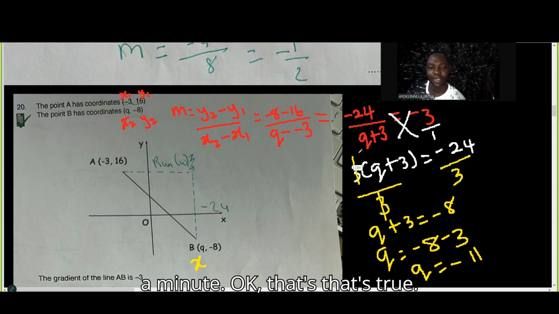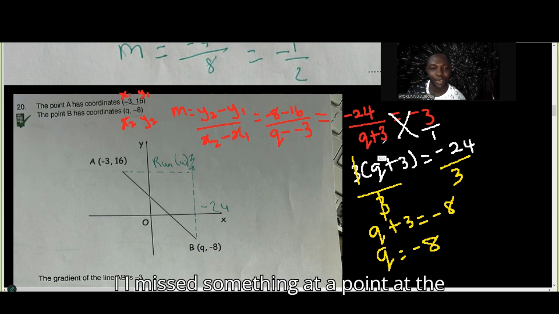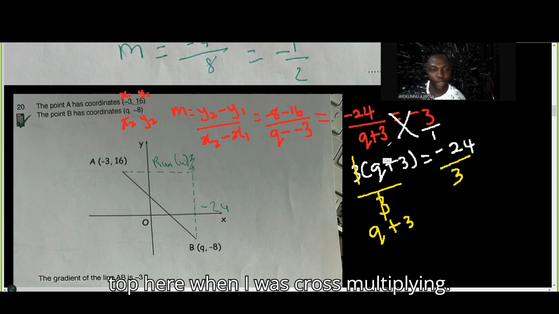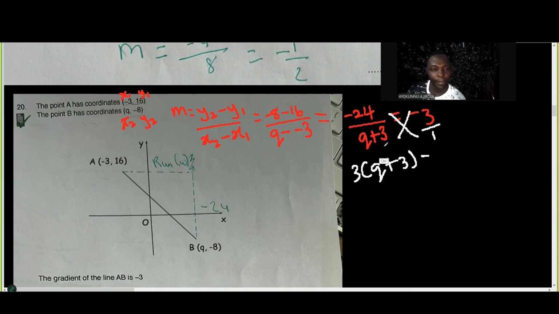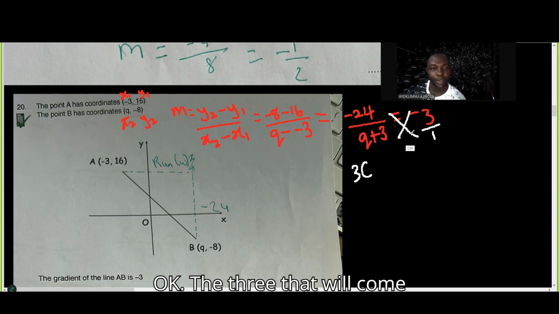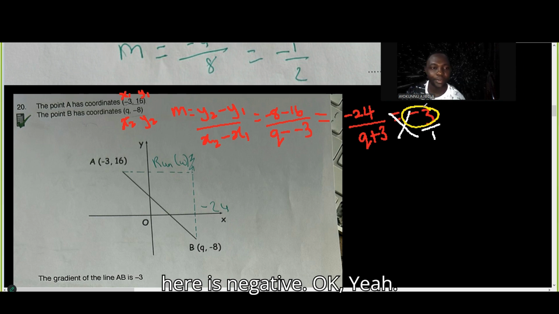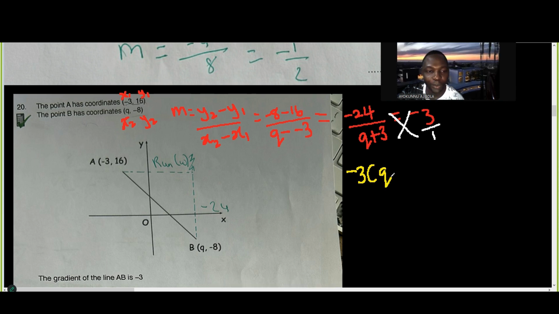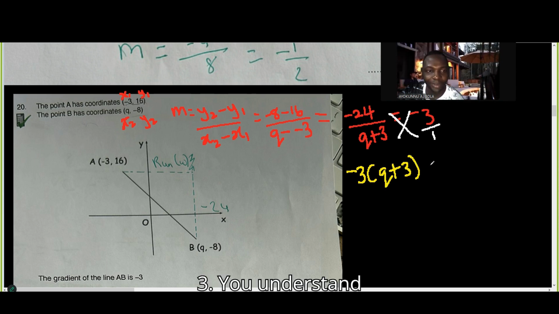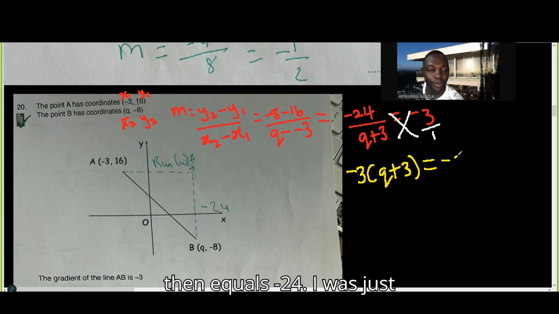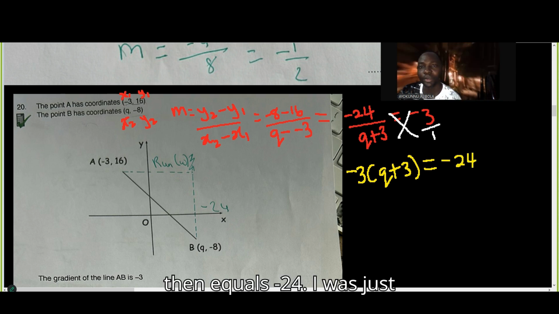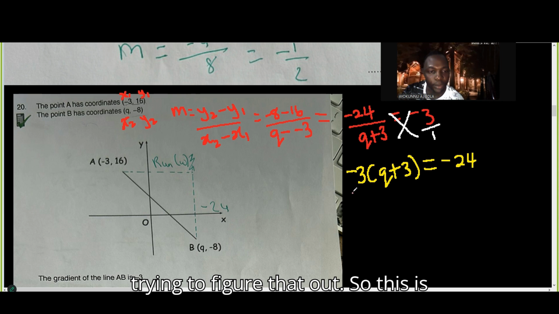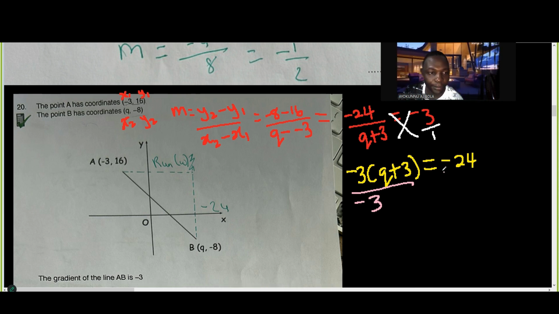Okay, that's true. I missed something at the point at the top here when I was cross multiplying. The 3 that will come here is negative. So it's -3 into Q plus 3 equals -24. So this is divided by -3, right? Yeah.